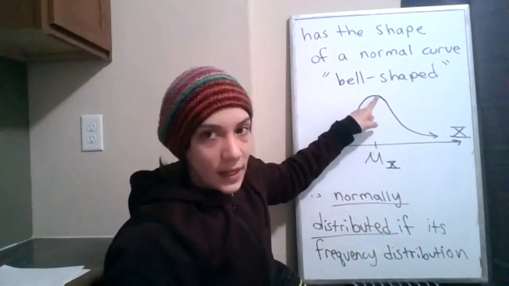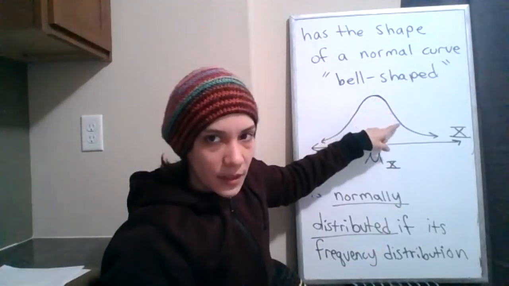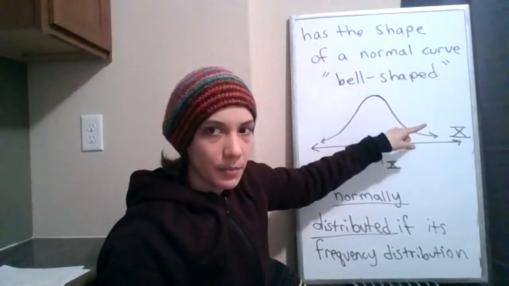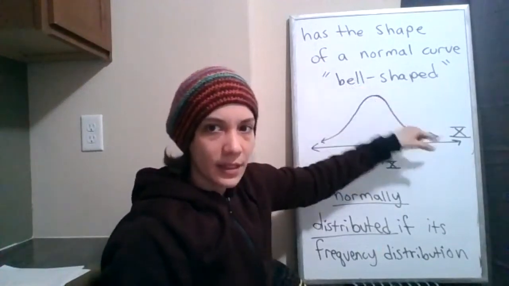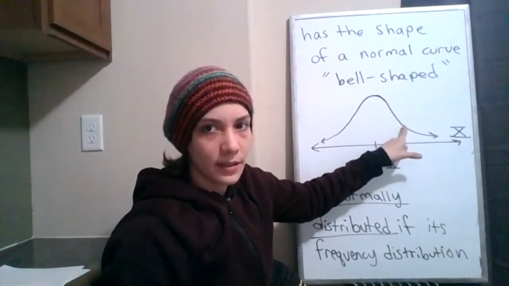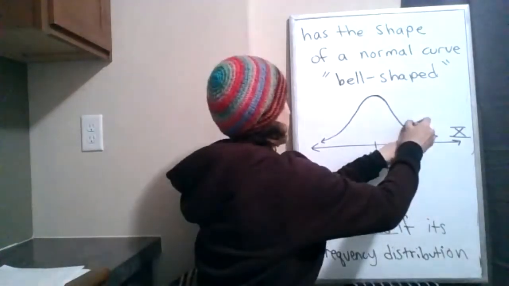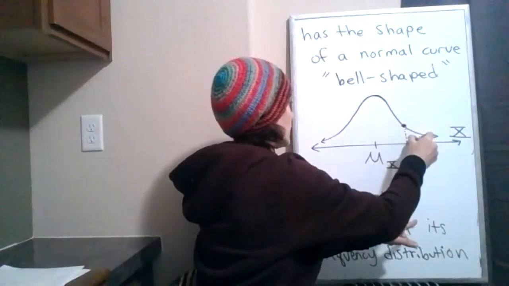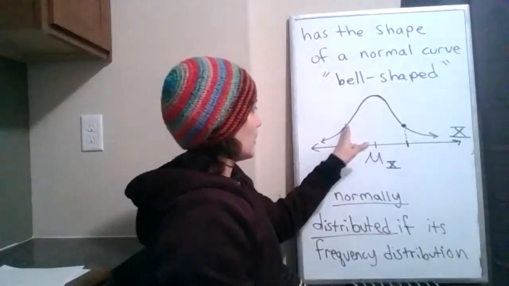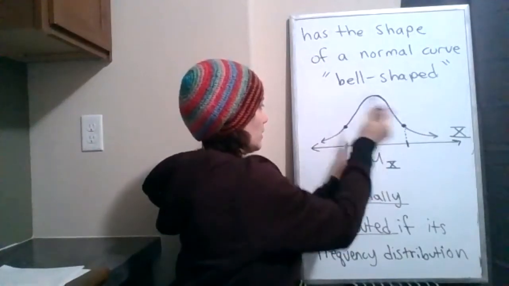And where it curves down and then switches to curving over and up, down and then switching back up again, that's called an inflection point, right about there. And here too, it comes down and comes back up right here. Inflection.